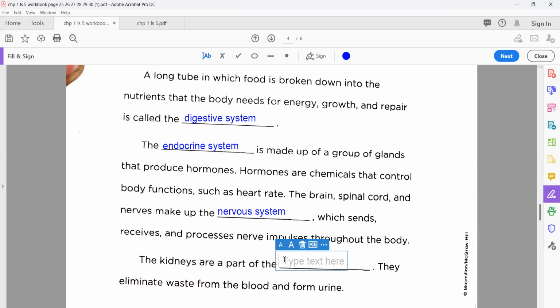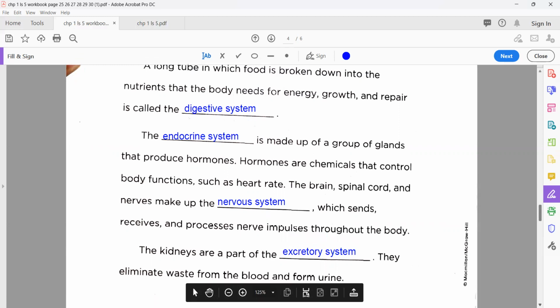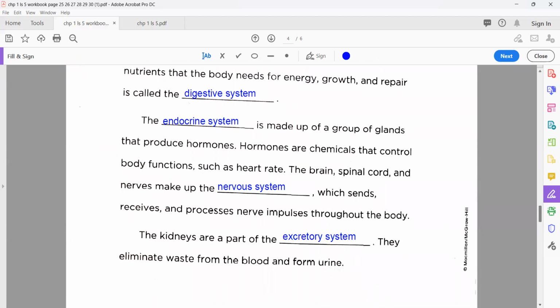These are part of the respiratory system. Very good. Well done. Okay. So they eliminate waste from the blood and from urine.